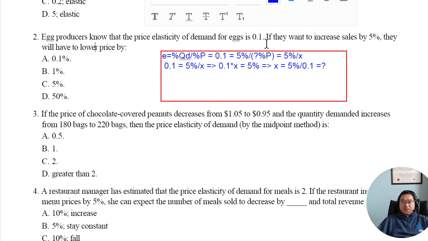The reason is that this elasticity is so small. A small change in the price will only generate a very small change in the quantity demanded. So if you want a significant change in the quantity demanded, you have to slash the price a lot.